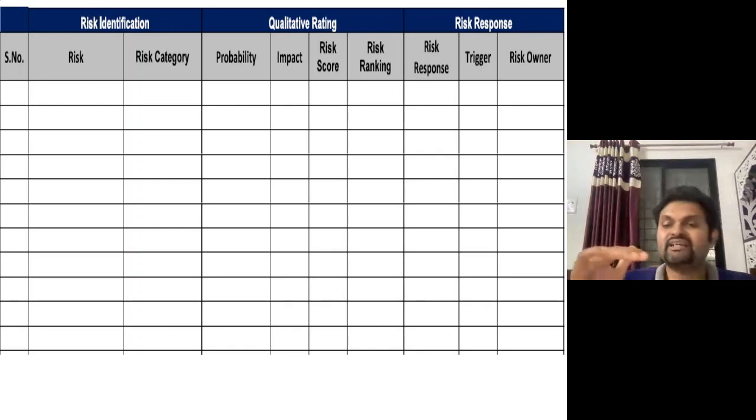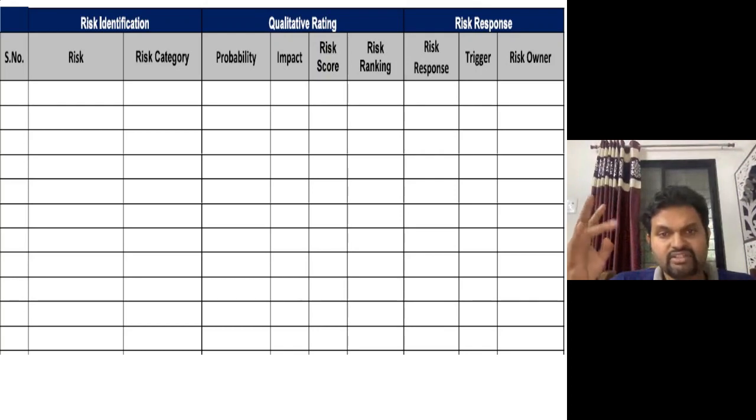And then for the highest risk ranks, I'm going to put who is going to manage this element or how I'm going to reduce that risk. All that will be written down so that everyone follows the same. So this is a very simple table which you use to follow: risk identification, qualitative rating, and after you're done with the ranking, how you're going to take care of it. That's it.